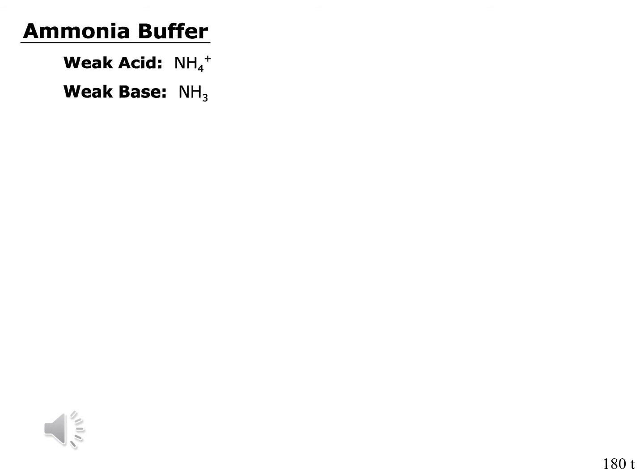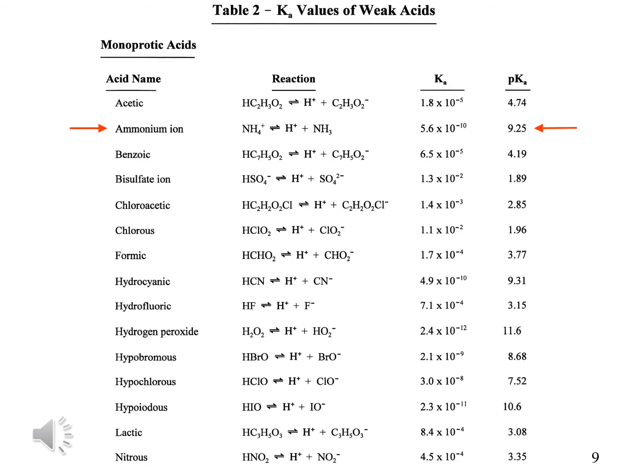This buffer is an ammonia buffer. These are used all the time in chemistry. The acid is NH4+, and the base is NH3. In the Ka table, you can see that a buffer made of NH4 plus and NH3 that's equimolar will have a pH of around 9.25, which means it's what's called a basic buffer.